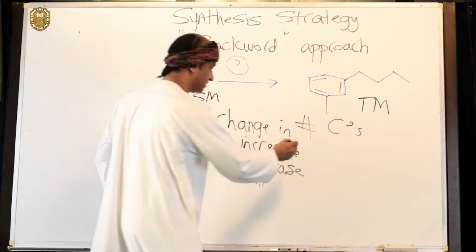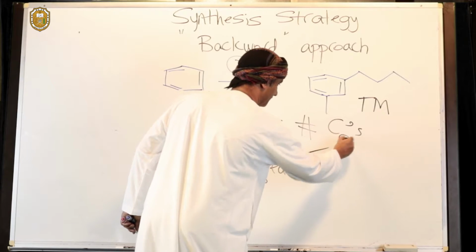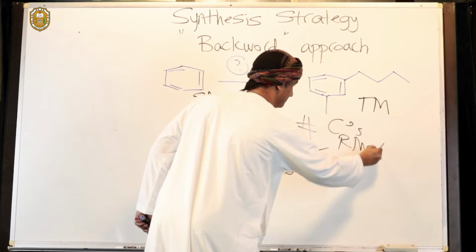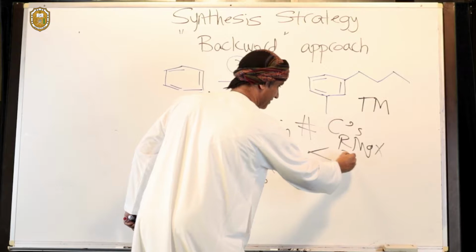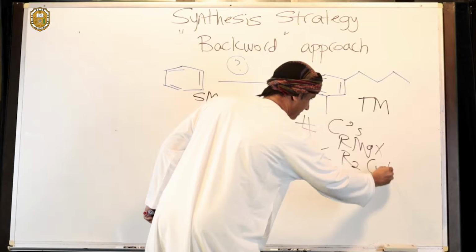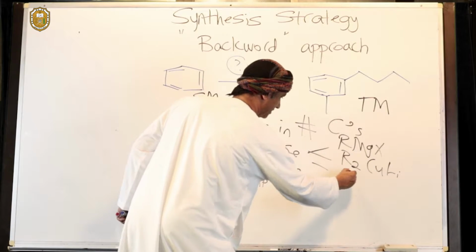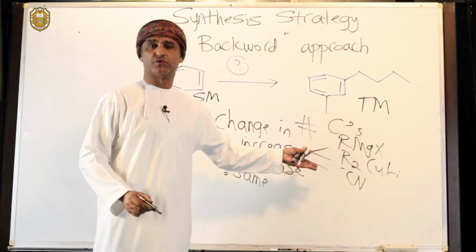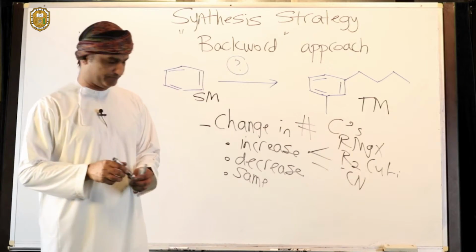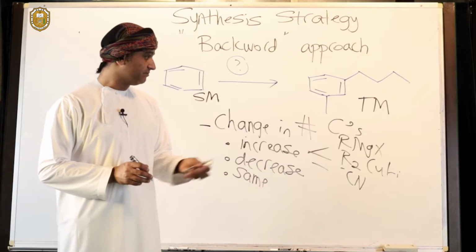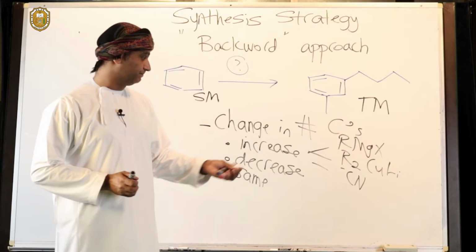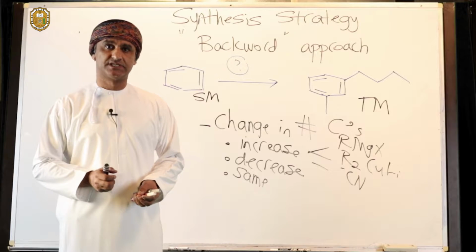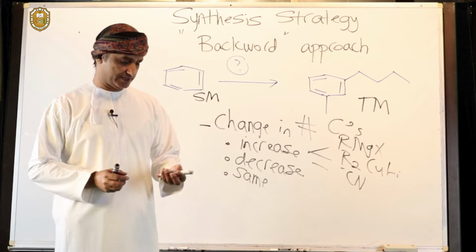So if it's an increase, therefore, we can think of Grignards as one possibility. We can think of cuprates as another. We can think of CN minus, if you like. In other words, of course, in general, the reactions by which the number of carbons increases.